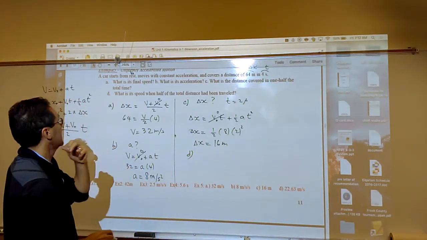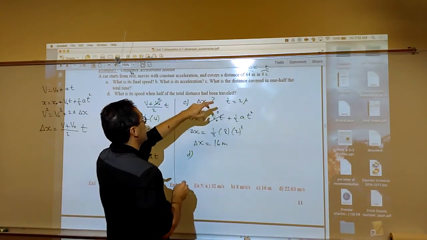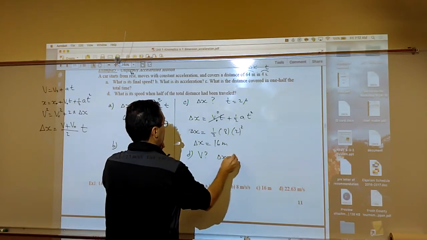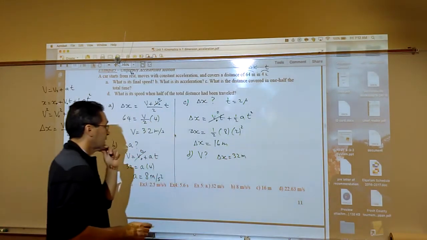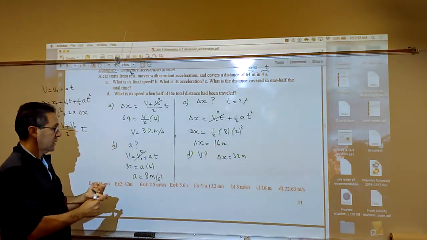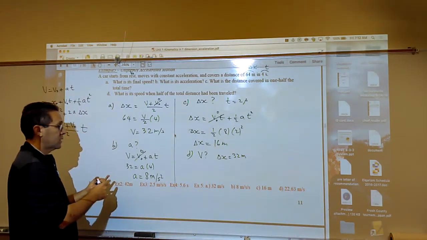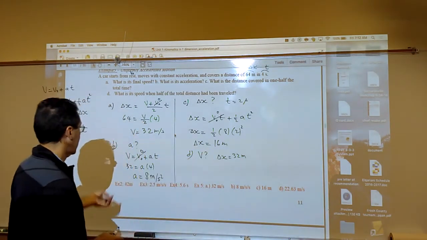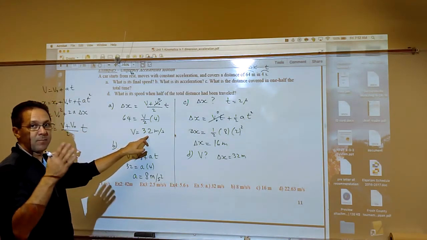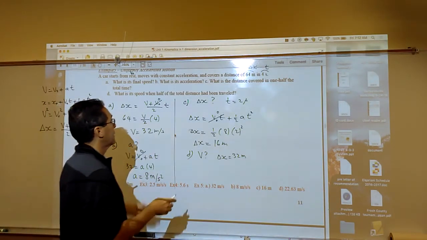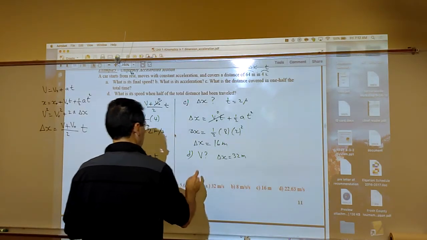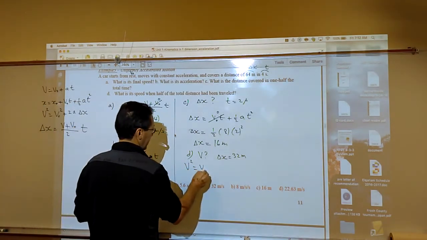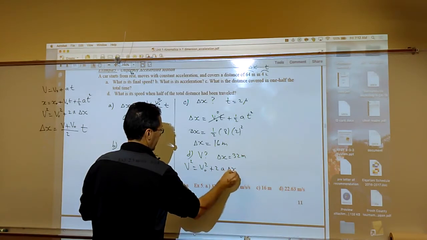And the last question, what is the speed when half the total distance had been traveled? So we're looking for v when delta x is 32 meters. Again, we can use this acceleration, the delta x, and v0. I cannot use this 16. I cannot use the 32 because the 32 happens after 4 seconds. Let's try the one with the v squared. This is gone.